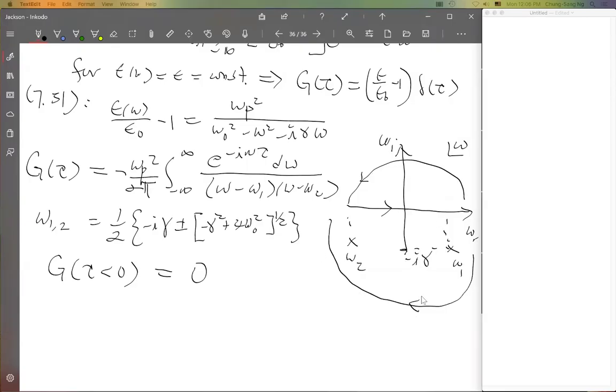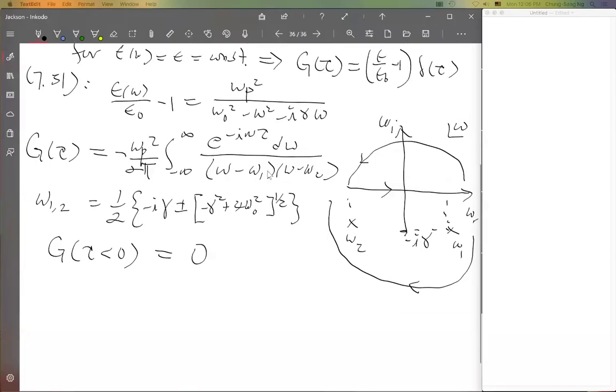Now, when you close in the lower half, when tau is greater than 0, the contribution along this semicircle is still 0, but the whole loop integration will be summing over the contribution from these two poles, or the two residues of these two poles. That's a way to calculate it.